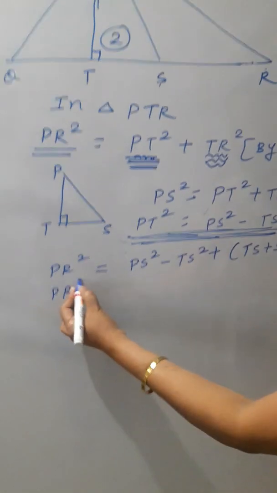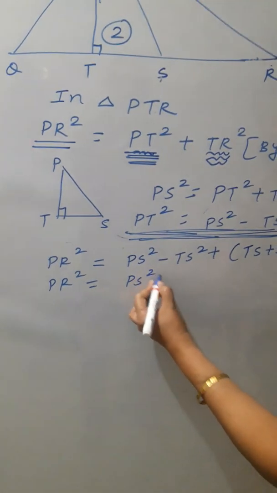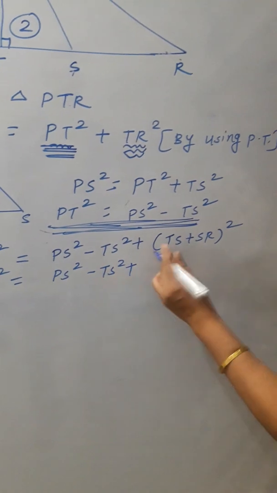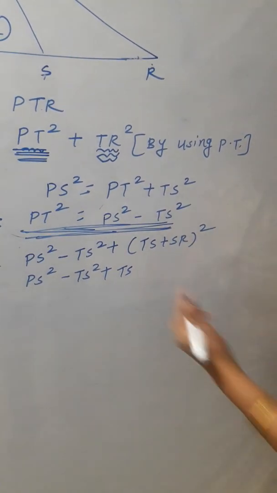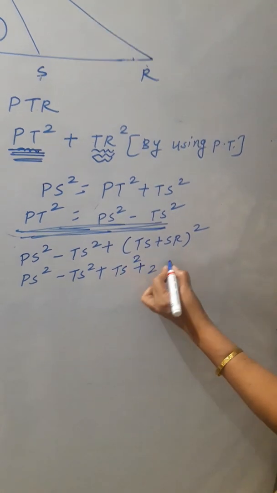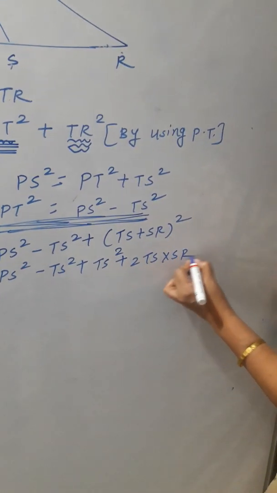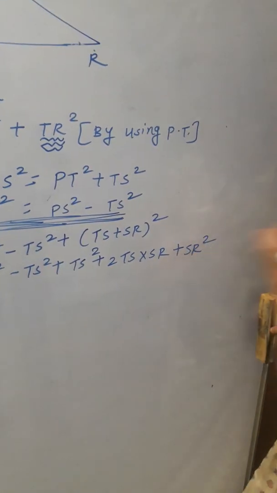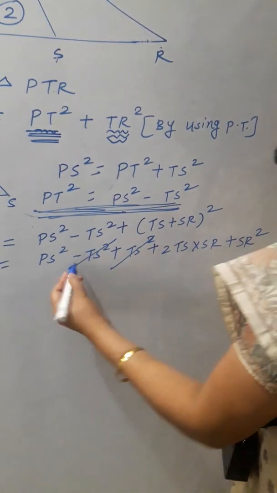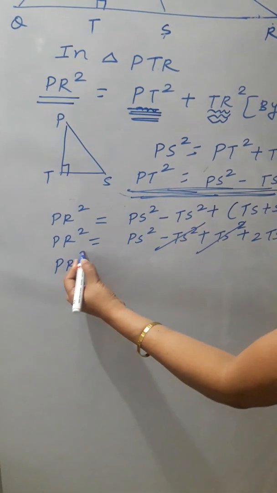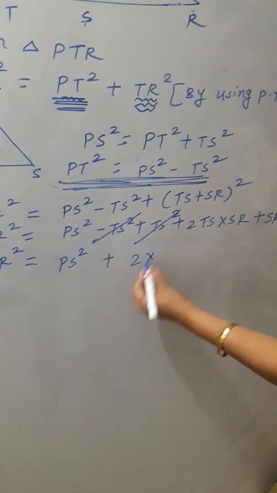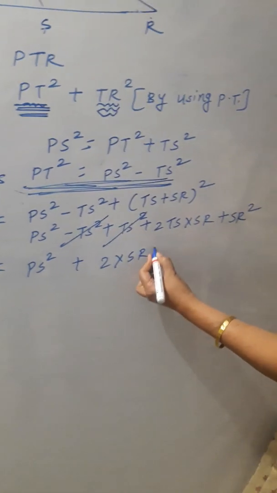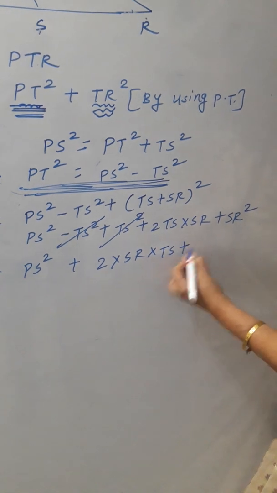PR square is equal to PS square minus TS square. I will expand this by using identities. A plus B whole square: TS square plus 2TS into SR plus SR square. Here plus TS square minus TS square cancels. PR square is equal to PS square plus 2 into SR into TS plus SR square.